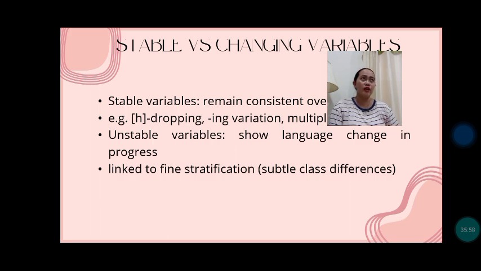So for methodology in social dialectology, Holmes outlined several research methods used in sociolinguistics to analyze social variation. Take for example the sociolinguistic interviews. It is a structured conversation designed to elicit both formal and informal speech styles. Then we also have the rapid anonymous survey, a quick data gathering technique exemplified by Labov's New York department store study on R pronunciation.